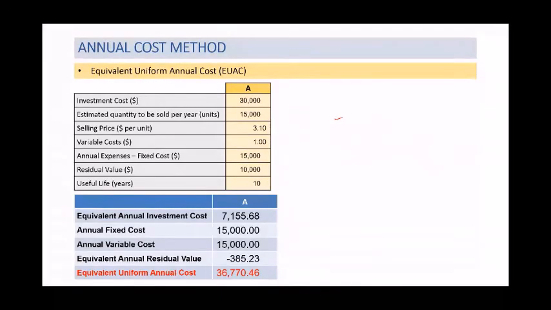And then fixed cost is already annual, so you don't need to convert that. Same as the annual variable cost, it is already annual. But the residual value that affects the investment cost should be converted into annual equivalent. And since residual value is found at the end of the life of the project, we need to use the formula A of F. So we have i over (1 + i) raised to n minus 1.